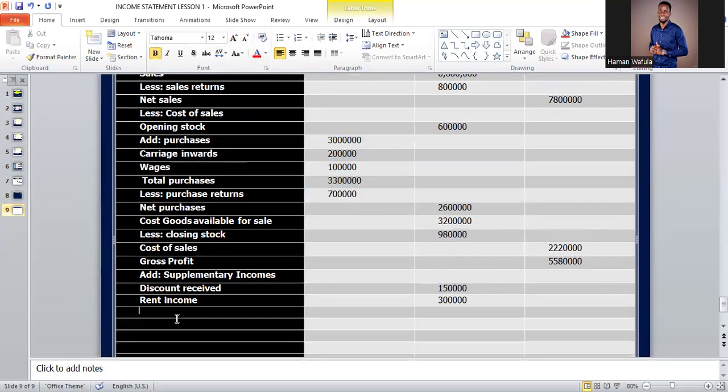So we have our total supplementary incomes. Total supplementary income, that is 450,000.